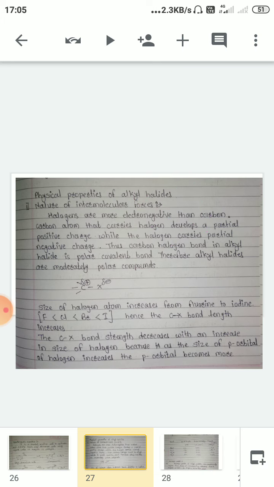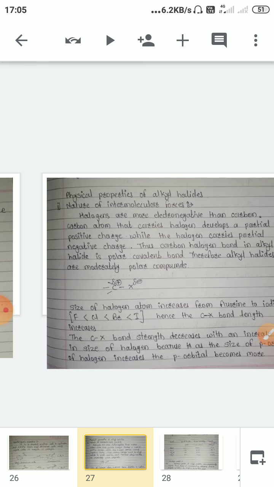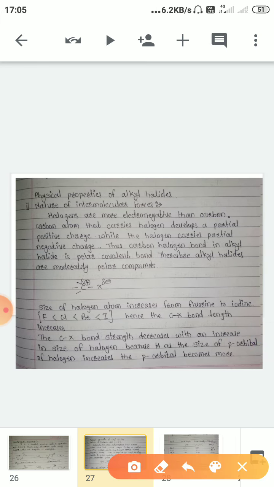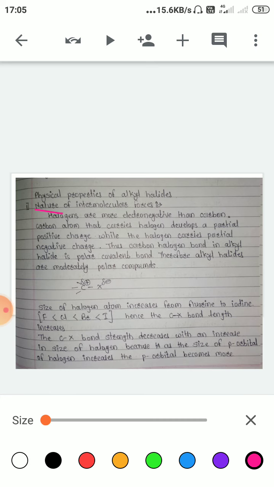We will see them one by one in detail. The first property is nature of intermolecular forces, and here also we have to compare.